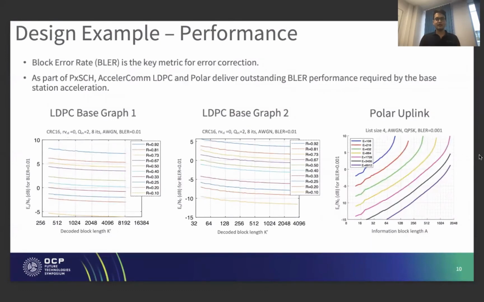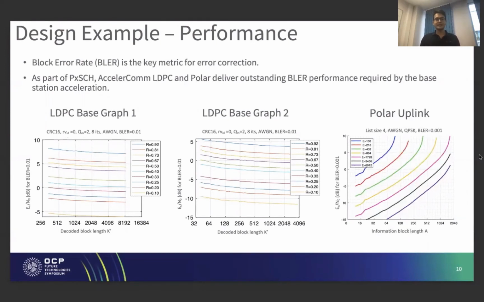Now, error correction is important, so this is why we care about BLER performance, which is the key metric for error correction. We have listed here 3 BLER plots for LDPC base graph 1, base graph 2, and also Polar uplink. For LDPC, we are targeting BLER 10 to the minus 2. And for Polar, we're targeting BLER 10 to the minus 3.